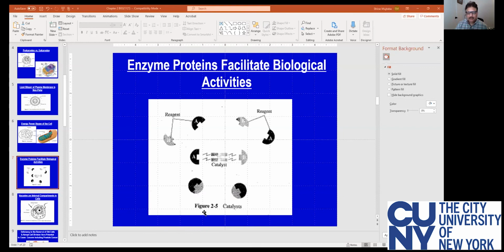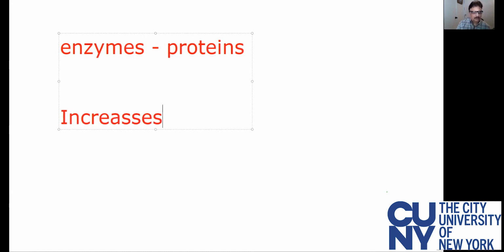In 90% of situations, enzymes are proteins, although as technologies advance, it is noticed that certain RNAs can also work as enzymes. What do these enzymes do? They increase the rate of reaction.